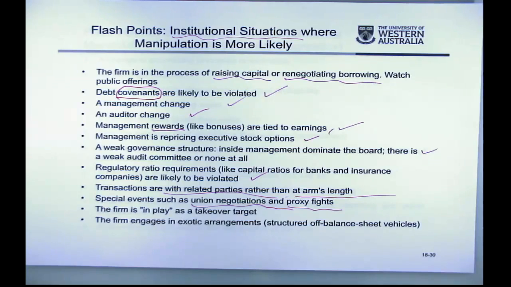For example, maybe labor unions try to negotiate with the firm to increase the salaries of their employees by a percentage equal to the increase in earnings or sales. In this case, the firm may try to reduce the growth in earnings intentionally in order to reduce the amount of the increase in the salaries of the employees, for example.